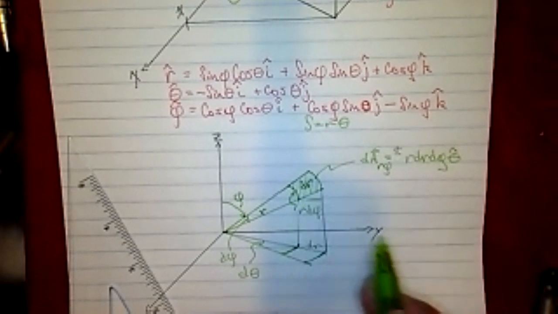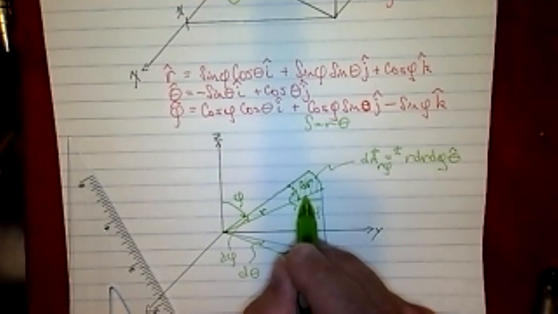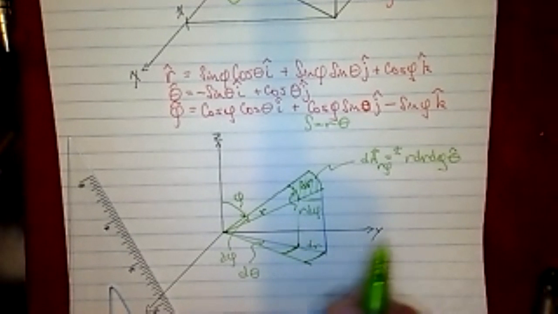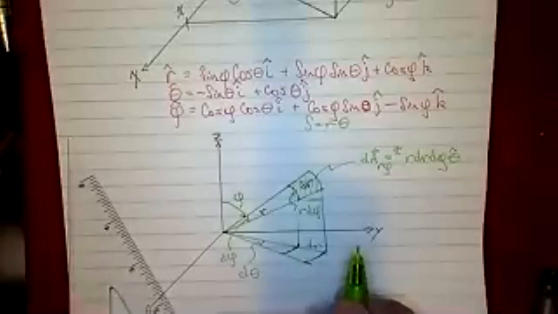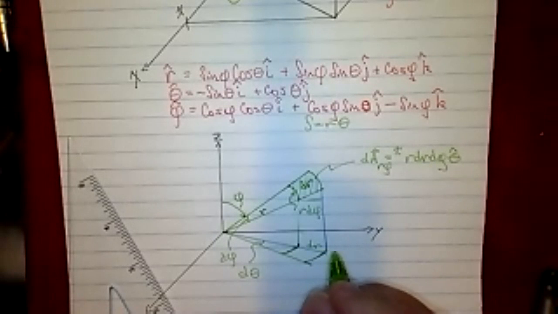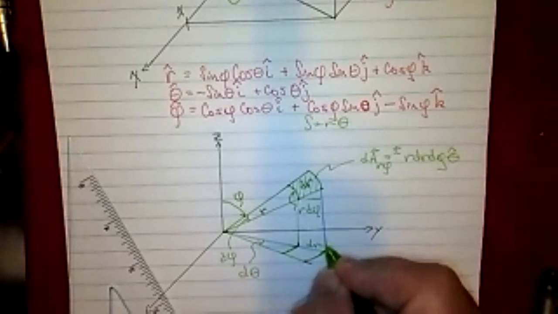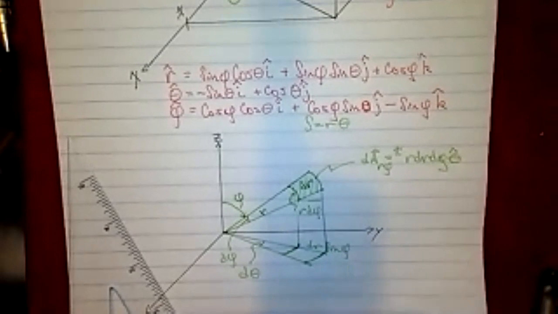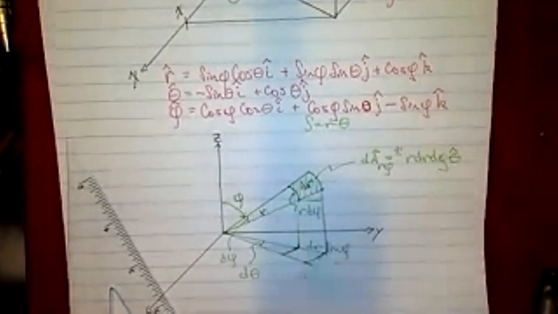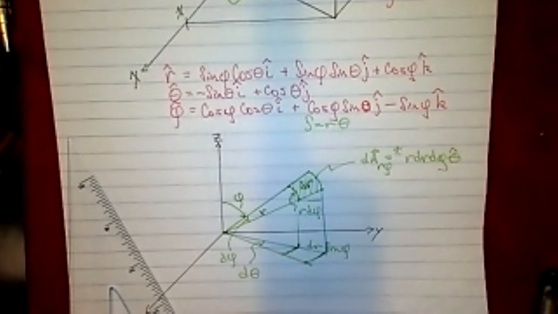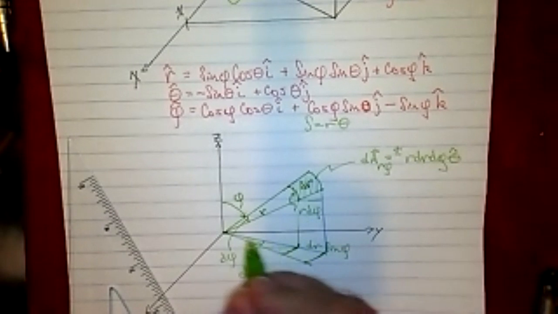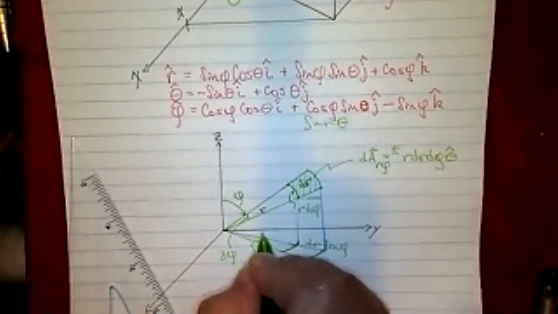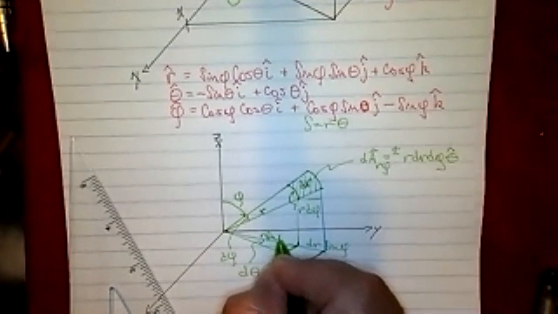So I'm just taking this part right here, which actually differs by an amount of sine phi. So this is not dr. This is dr times the sine of phi because I had to project that dr down into the xy plane. That also means that this right here is not r, this is r sine phi.